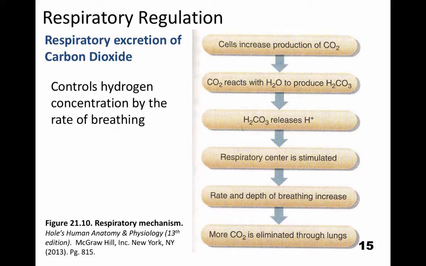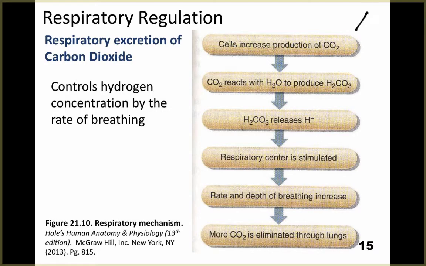So the respiratory regulation and how this works: this is going to control hydrogen or get rid of it by the rate of breathing. Essentially what you see here is that cells increase the production of CO2, and a lot of times this is through metabolism, just to let you know, right? CO2 comes together with water, and that produces carbonic acid.